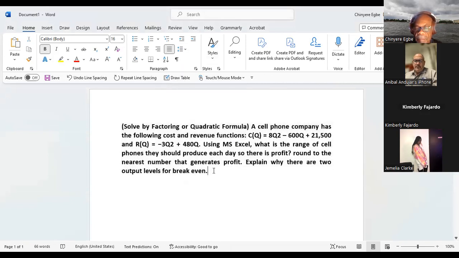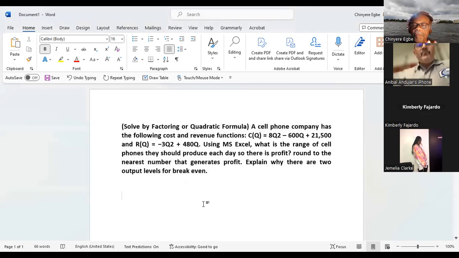All right, so now remember that when we talk about a profit, the profit of a business is found by revenue minus cost. So let us look at this and say profit is equal to revenue minus cost.